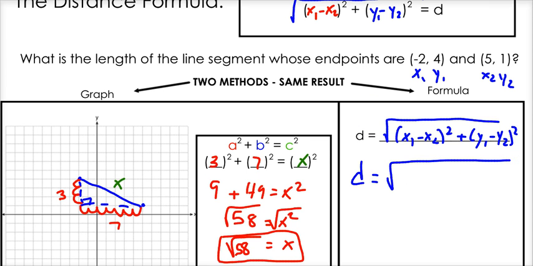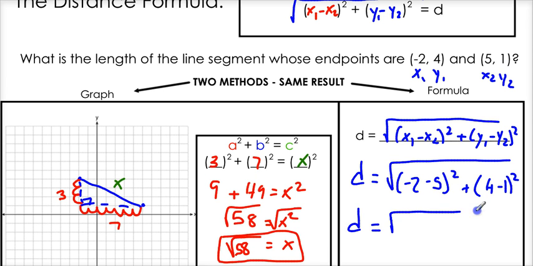What we're going to do is now plug everything in. x1 minus x2 would be negative 2 minus 5, squared, plus y1 minus y2, which is 4 minus 1, squared. Now this should be giving the length of each leg.